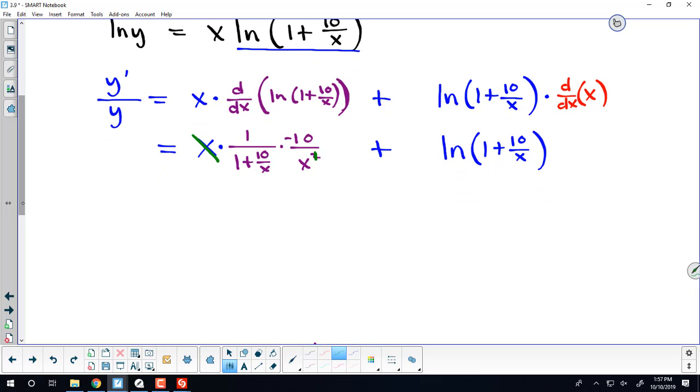So then we're going to take this x to the first and distribute it to this other denominator here. So we end up with just negative 10 over x times 1 plus 10 over x times x. So that's much nicer looking than what we had originally.